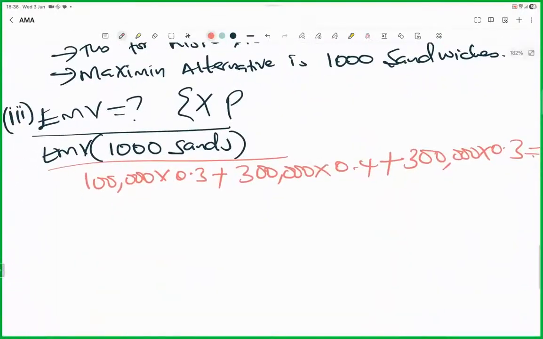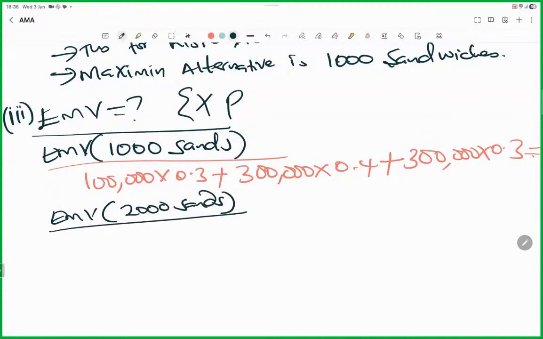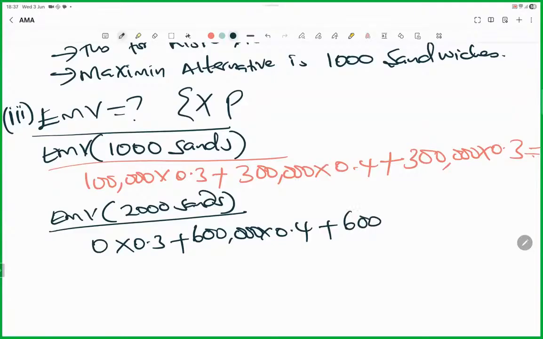So, ladies and gentlemen, EMV for how many sandwiches? 2,000 sandwiches. I can see the payoff of zero times 0.3, 30%, plus 600,000 times the probability of 0.4, plus 600,000 times 0.3.